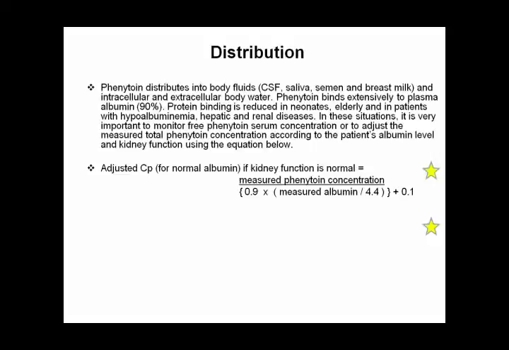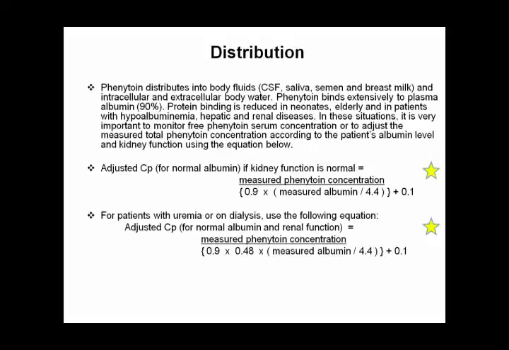So we're going to need to use a different equation, which adds 0.48 to the equation, as you see right here in the bottom, and this is the adjusted plasma concentration of phenytoin in a patient with low albumin and with uremia or on dialysis. And again, we have to do that because these patients will have a higher percentage of free fraction of phenytoin.